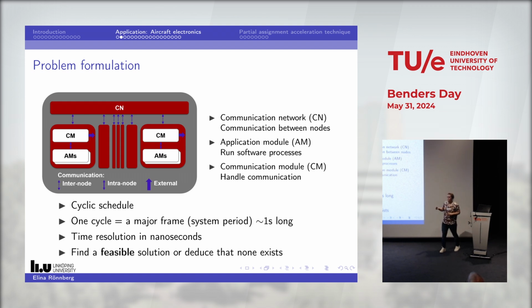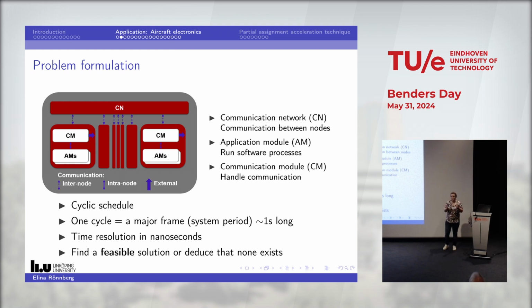And what's also important to know when we think about the solution method for this is that we want to find a feasible schedule. We don't have an objective at all. I tried to find some objective, but they only say it's a feasibility problem or deduce that no solution exists. And it seems like they are always on this borderline between feasibility and infeasibility.